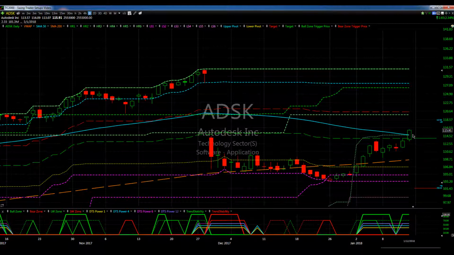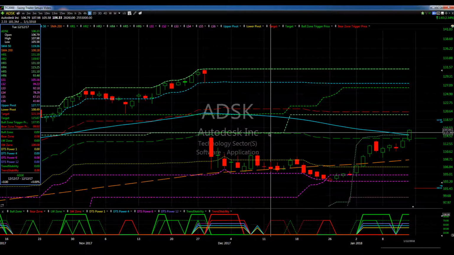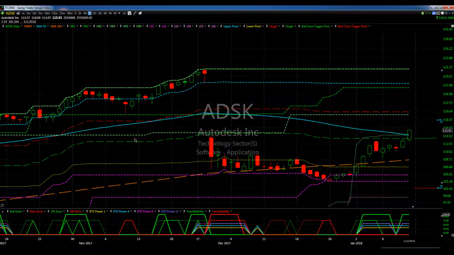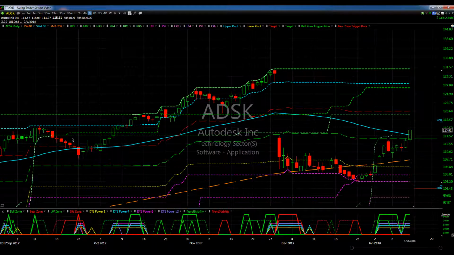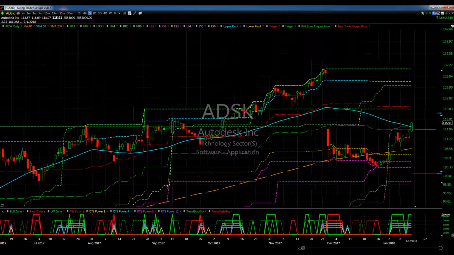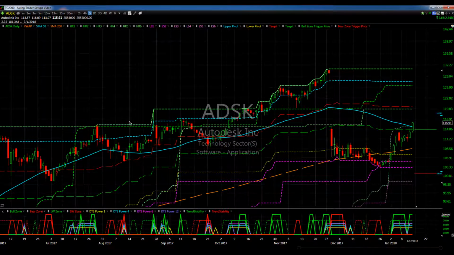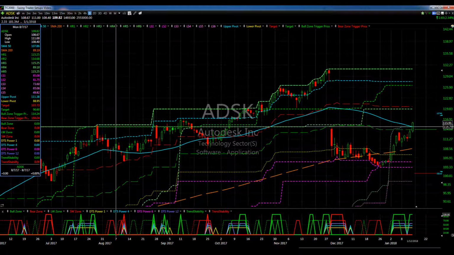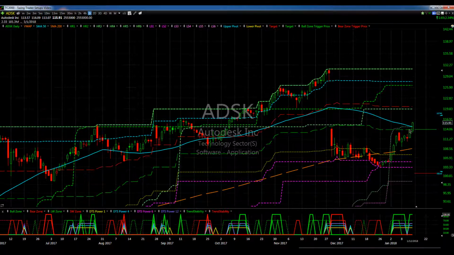Back in the history, this stock ran up even further back than this, way back. This line's been here all this time. This little green line represents a place way back where this stock ran up and rejected right here.